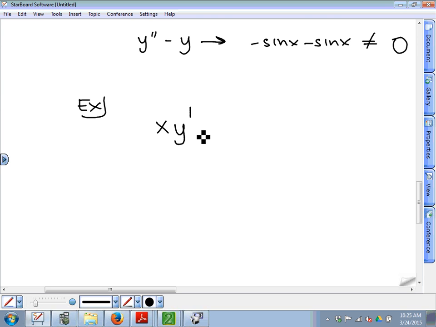So let's try xy prime minus 3y equals 0. Those are really easy. We'll finish it in just a sec. Let's do a few more that involve C.